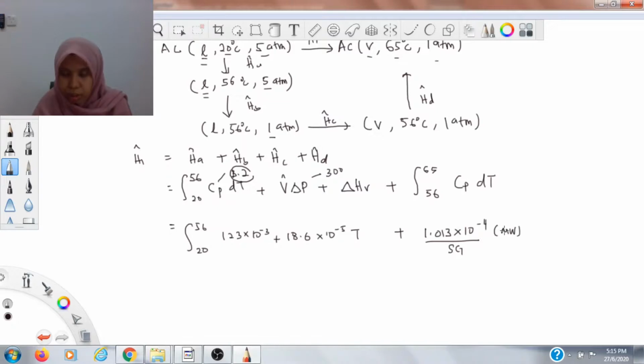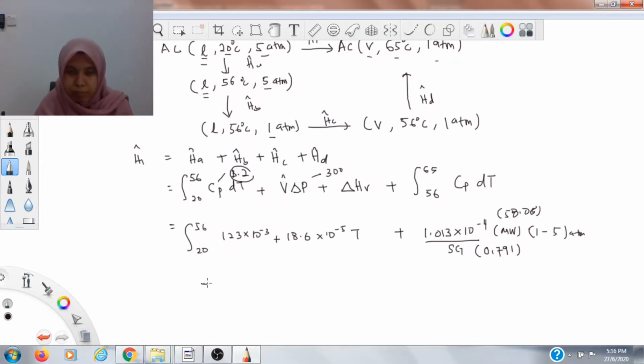Which molecular weight? The acetone molecular weight, which is 58.08. The specific gravity for acetone is 0.791. Then times the pressure change, which is 1 minus 5 atm, P2 minus P1. So this is for HB.